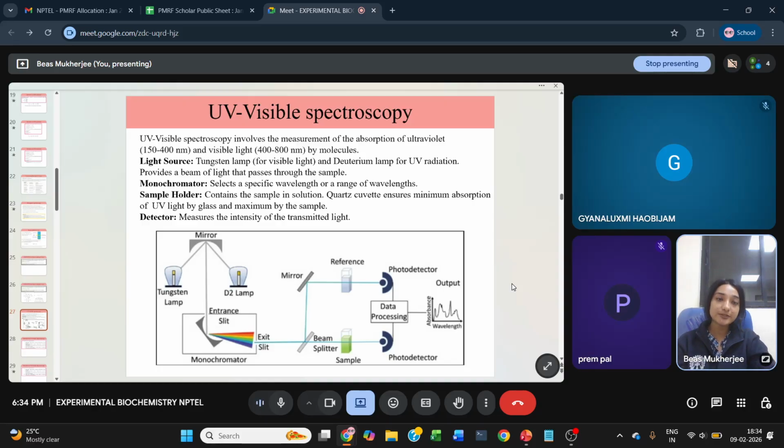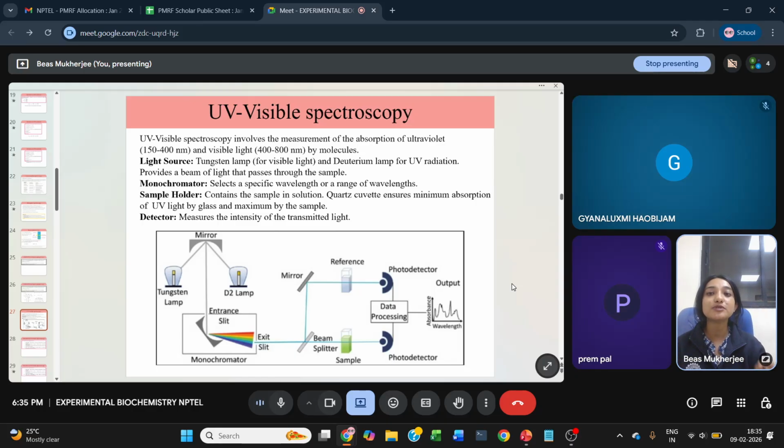So UV visible spectroscopy. Now what's happening here? Until now we were talking about absorption of light, and that is being measured. The amount of light that is absorbed was getting equated with the concentration of the sample. Now we will talk about what light is emitted after some wavelength is absorbed. Whatever wavelength is absorbed, some other wavelength gets emitted, and we will start talking about that.